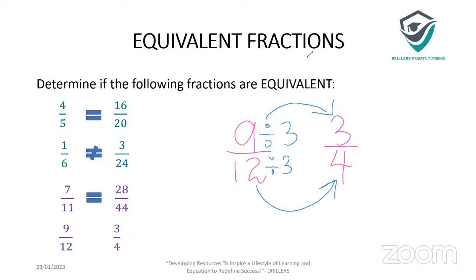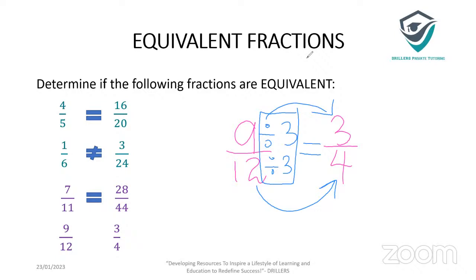So the fact that we have divided by the same number means that these two fractions are equal. So when we're using this method, dividing or multiplying both the numerator and denominator by the same number gives you the values on the other side, and that means that those fractions are equal.